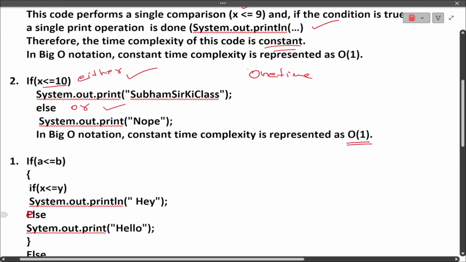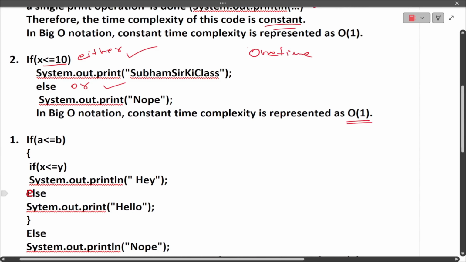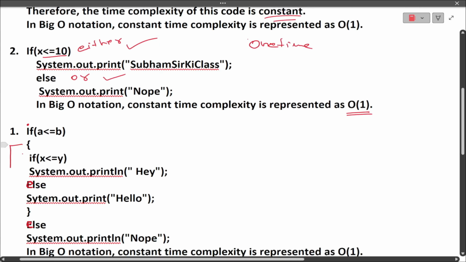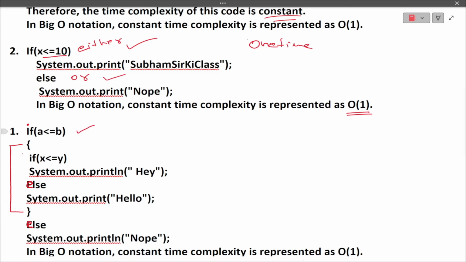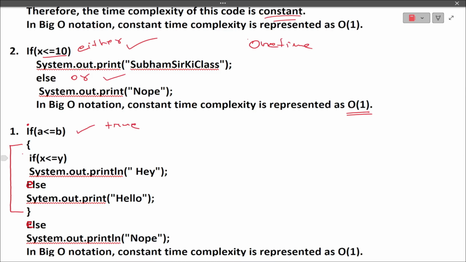Here, very beautiful, this program is written. Let me talk about the construction of this particular program. Here actually there is a big body. That means if this outer if is true, then you must be observing that this inner if else will execute.